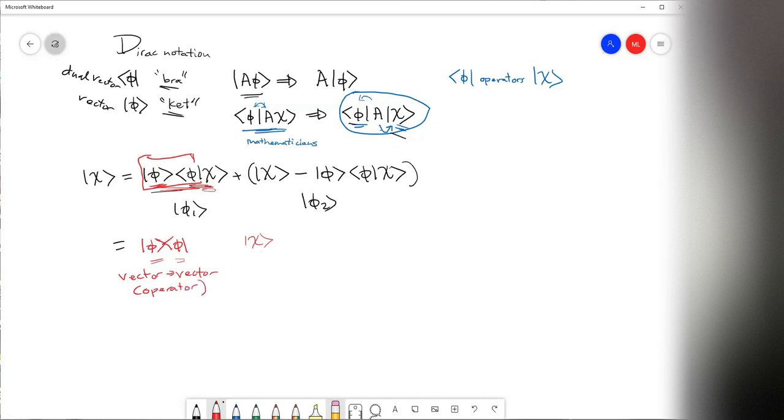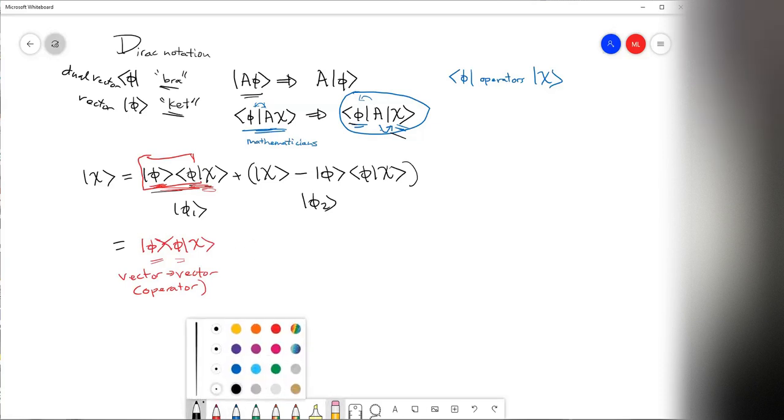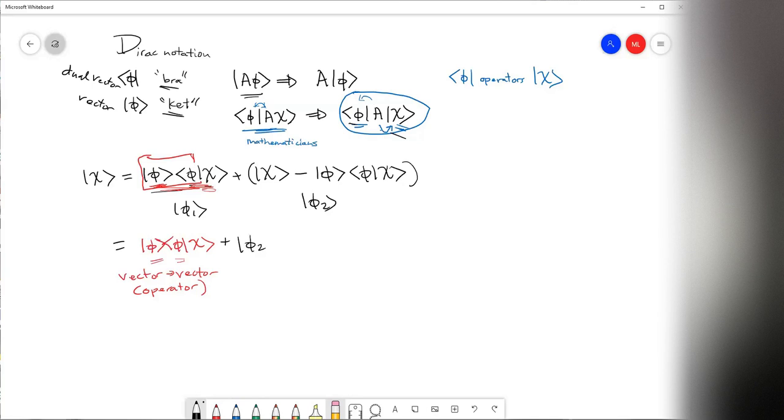So this is a kind of operator, and it's acting on some chi. And then the rest of it, what is this thing? This is also some other vector, whatever it is. I'm just going to call it phi 2.